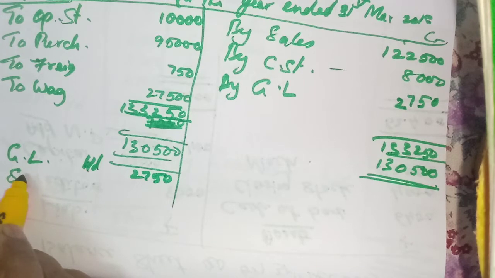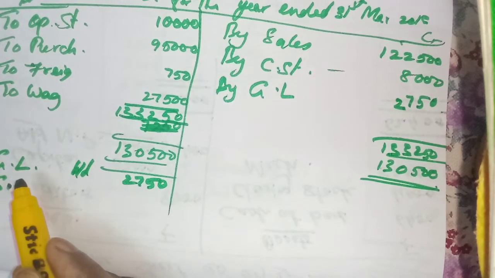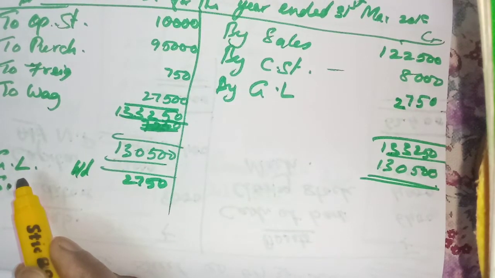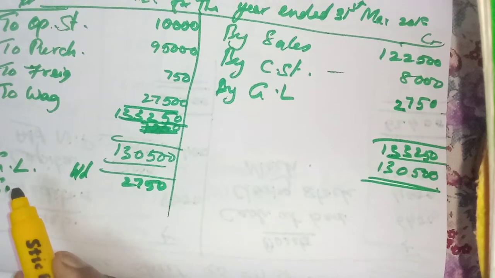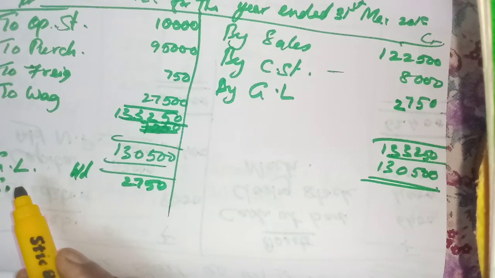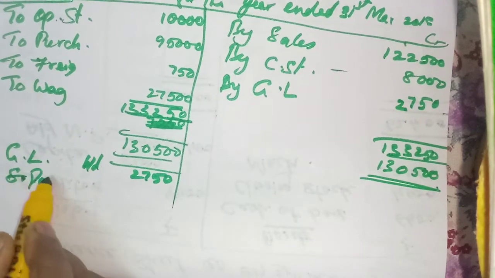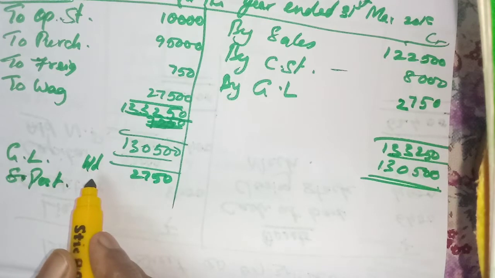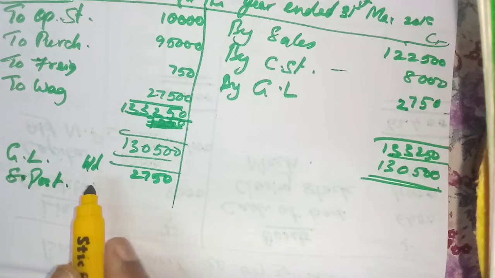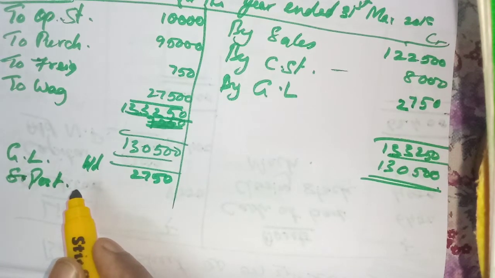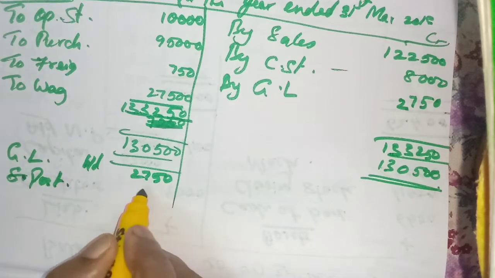Now salary. Salary not given, isn't it? So don't write. Then you come from freight inward, we have written purchase, drawing, wages, machinery, debtors; postage only given. Okay, postage 150.